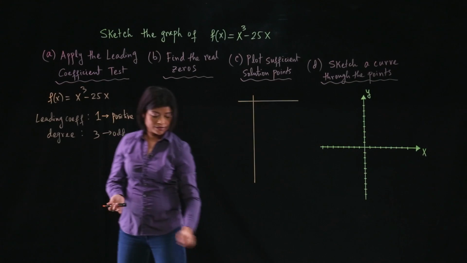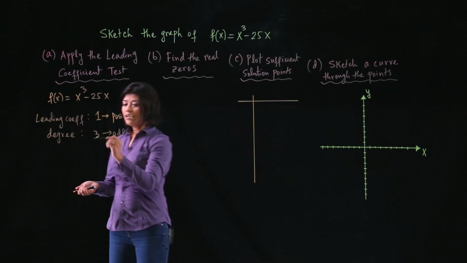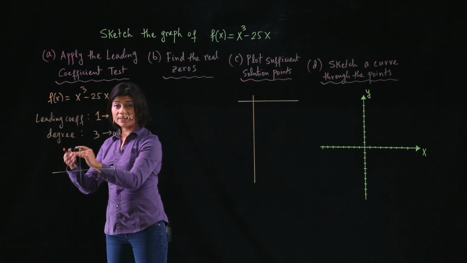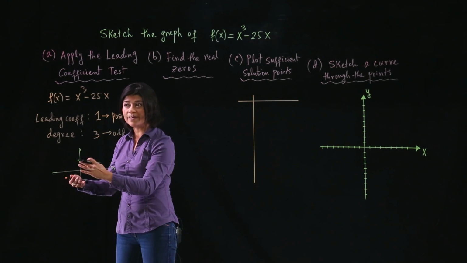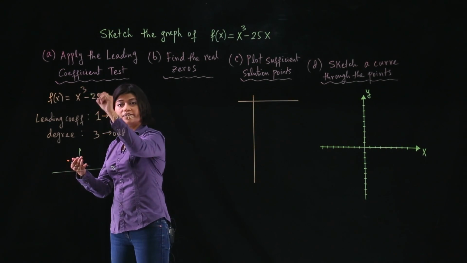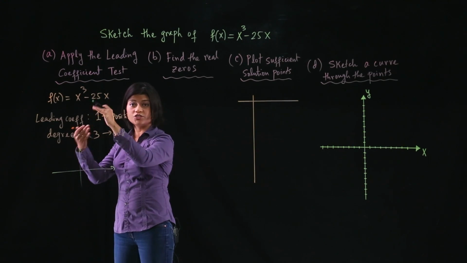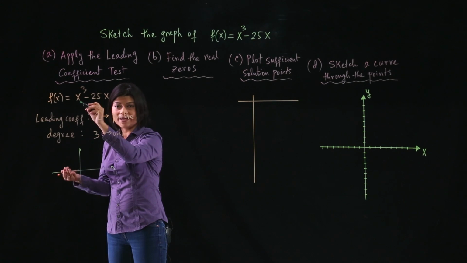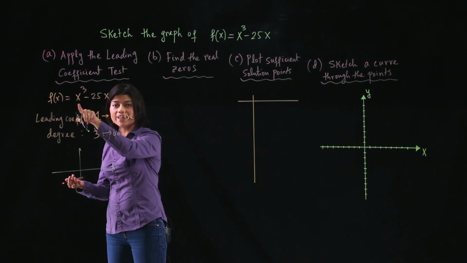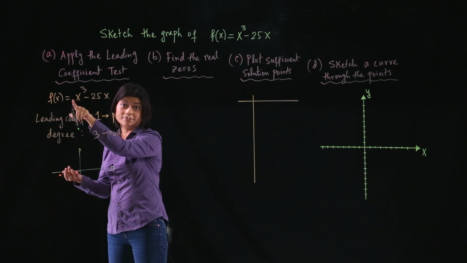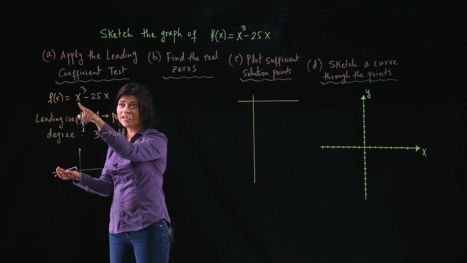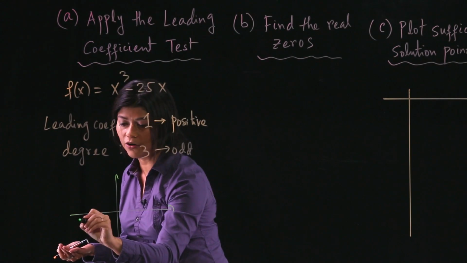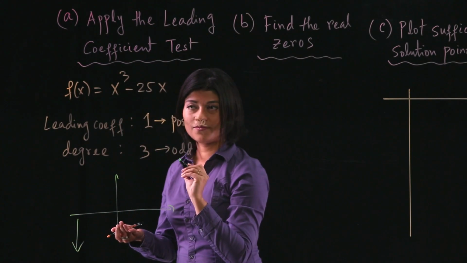Okay, so let's think about that. As x is approaching negative infinity, that means x is taking large negative values, and this particular term x cubed is dominating. So what happens if you plug in a large negative number for x? Well, it will be a negative cube with a positive coefficient in the front. So negative cube is negative, which means the curve falls to the left.